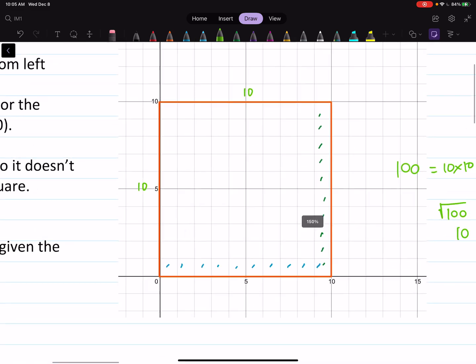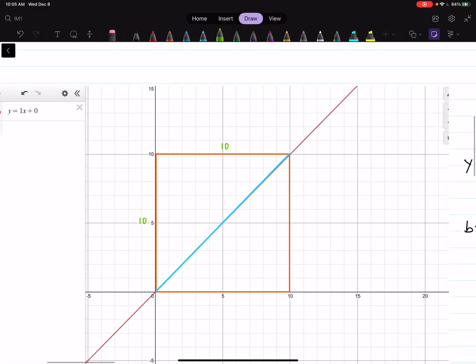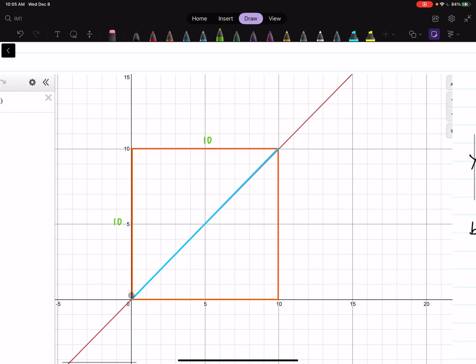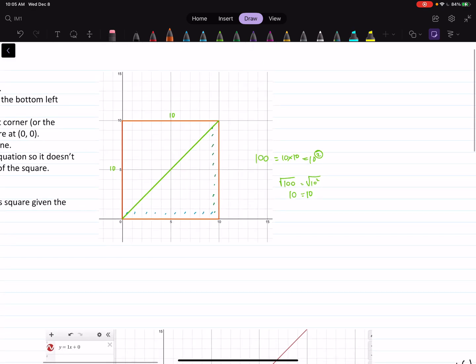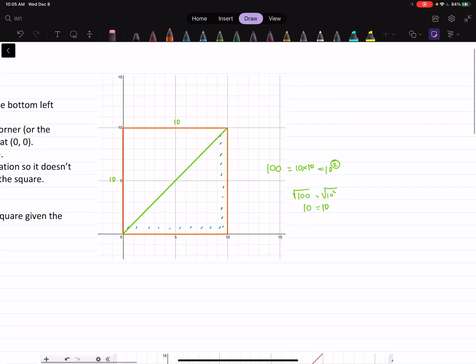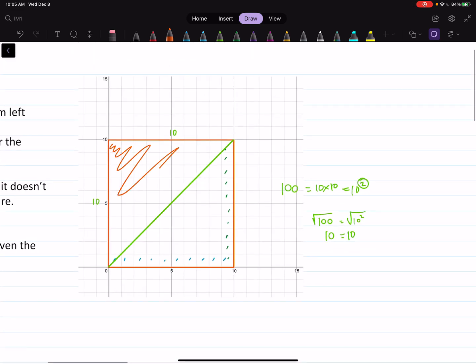We can also find the area of this triangle if we wanted to. So if we draw a line like that, and I just want to find the area of one of these triangles, it's just half of this square. It's half of 100.